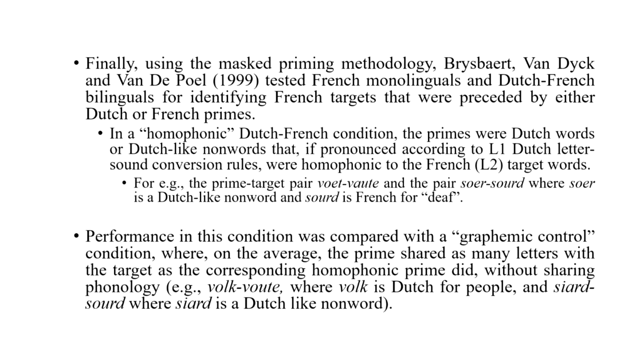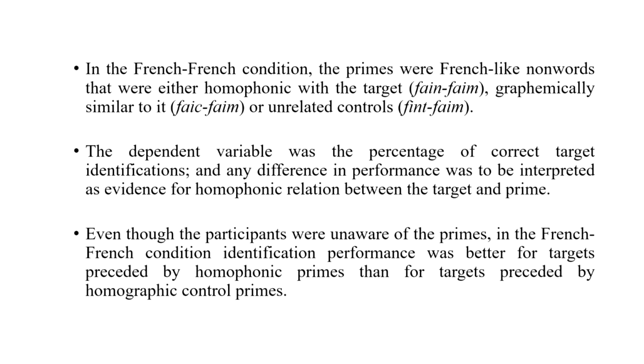Now, performance in this specific condition was compared with the graphemic control condition where on an average the prime shared the same amount of letters as the corresponding homophone prime did, but without sharing any phonology. So, for example, folk and vout, where they basically share the graphemes, the spelling is very similar, but the pronunciation is very different. Now, in the French condition, the primes were French like non-words that were either homophonic with the target or graphemically similar to it or unrelated controls.